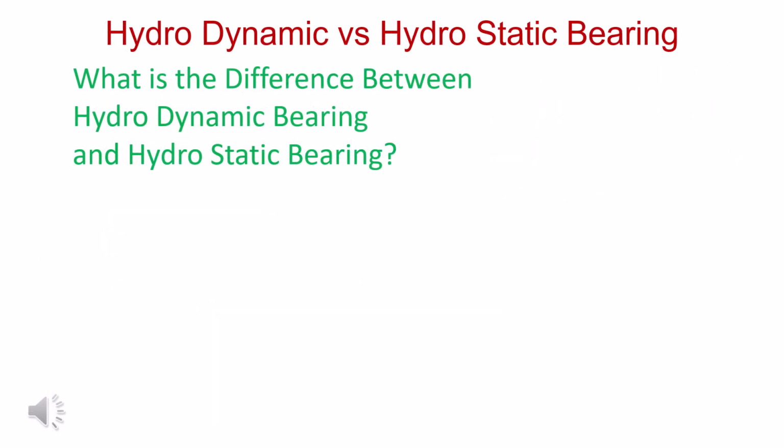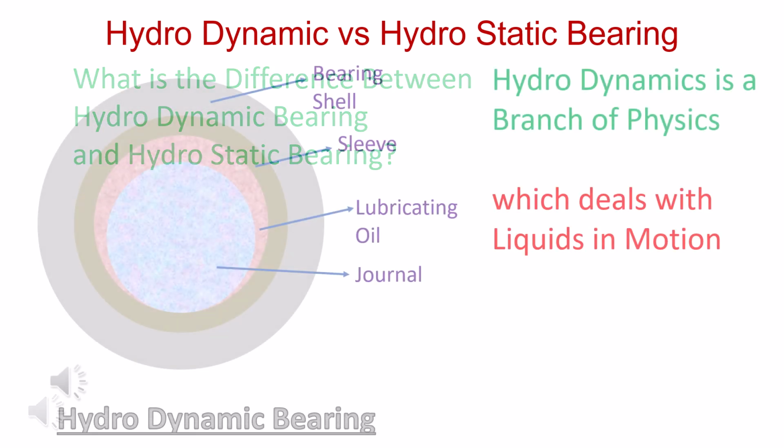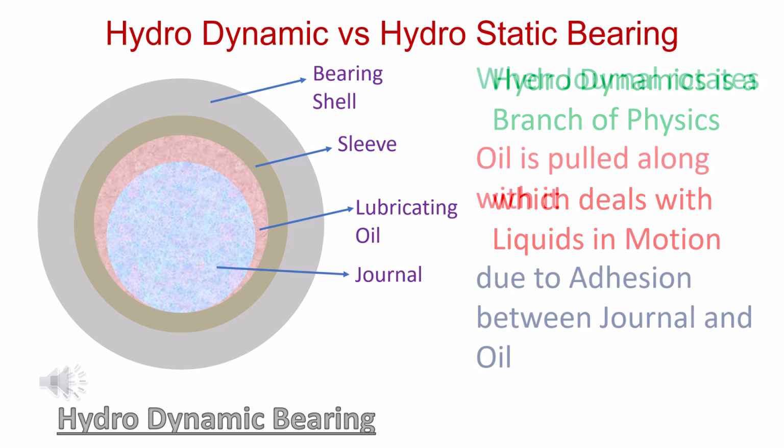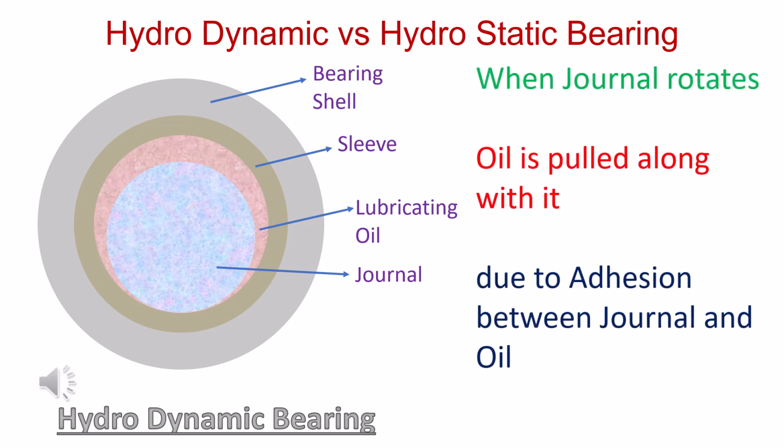What is the difference between hydrodynamic bearing and hydrostatic bearing? Hydrodynamics is a branch of physics which deals with liquids in motion. When the journal rotates, oil is pulled along with it due to adhesion between journal and oil.